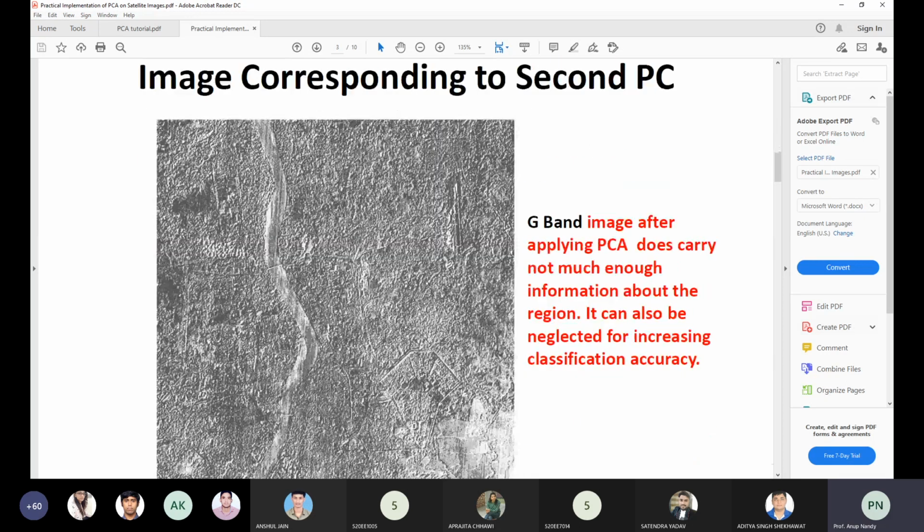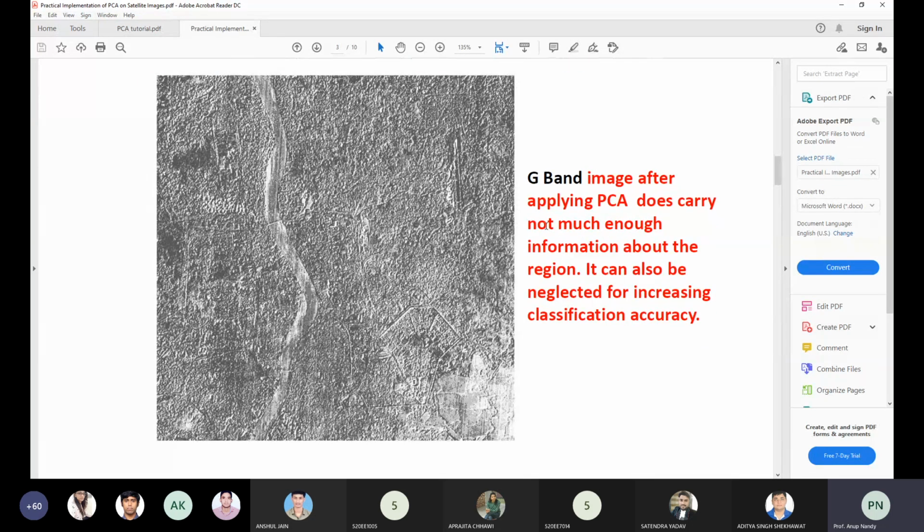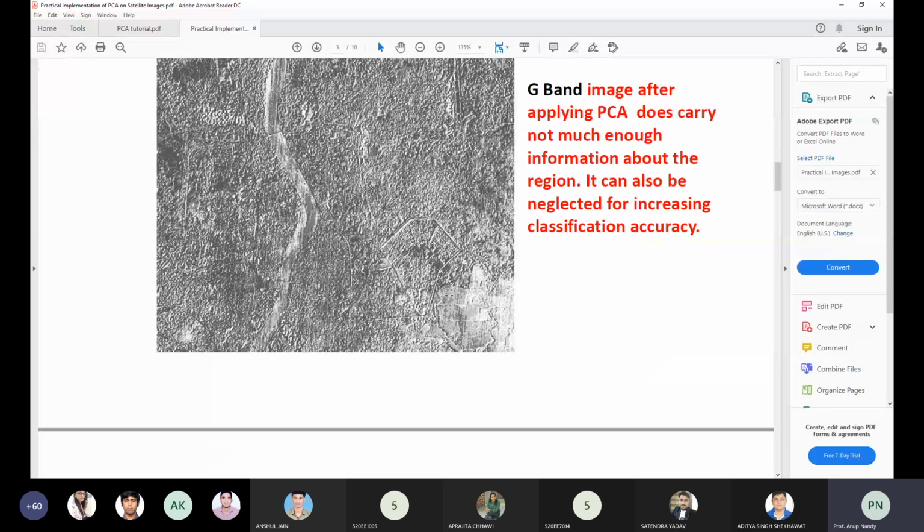Second, if you see the G band, the second principal component after calculating PCA does not carry much information about the region either. It is very difficult to identify, because everything is homogeneous, and there is an overlap between river and non-river. So you may also neglect it.